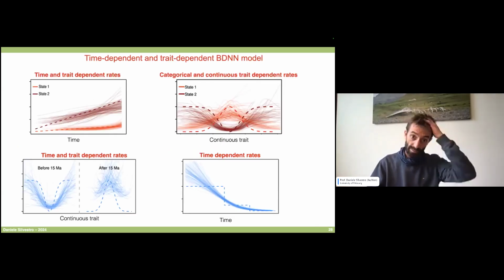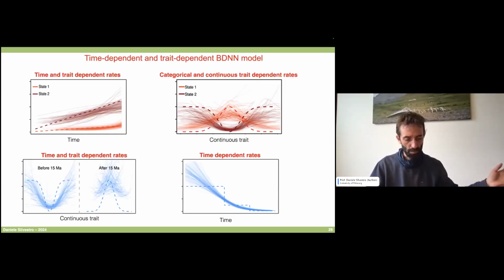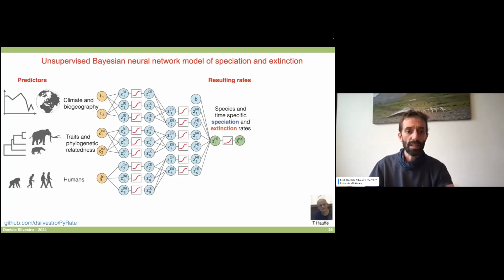This model was tested against a number of simulations. The main developer of this model is Thorsten Haufer, who has done most of the development and is the first author of a paper that is coming up soon, very soon, hopefully. And we analyzed our elephant data set using this model.